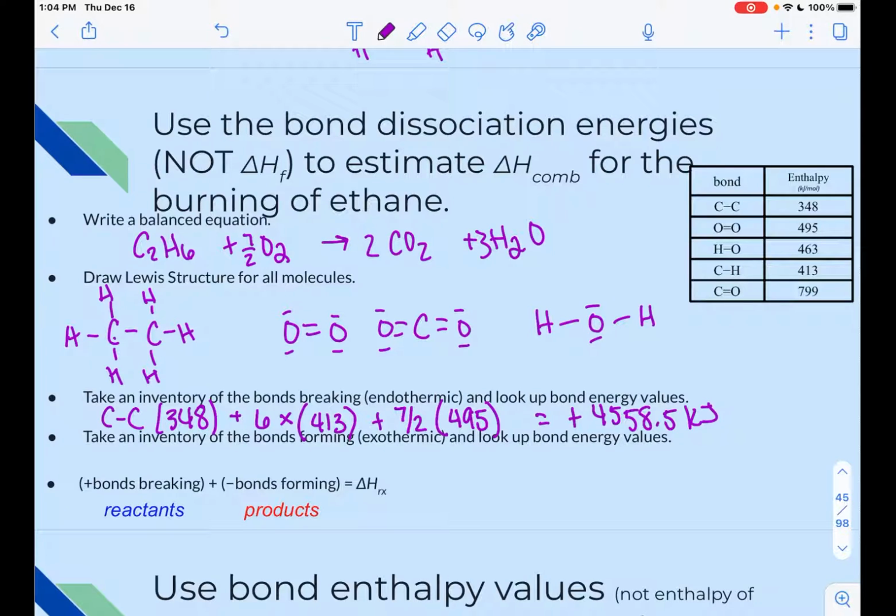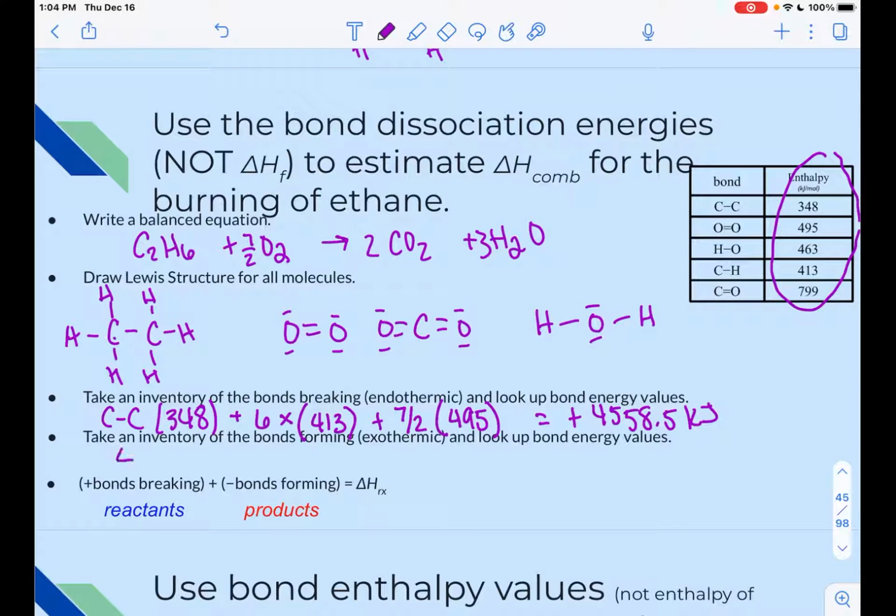So now we're going to do the bonds forming. The bonds forming are going to release energy. So as you know, when you release energy, that's a negative sign. So I'm going to do the same thing, except when I look up the values over here, I'm going to make them negative. So we have 4 CO bonds because we have 2 in each CO2 molecule. There are 2 CO double bonds, so we're looking right here, CO double bond, and there are 2 in each molecule, but we have a total of 2 of them.